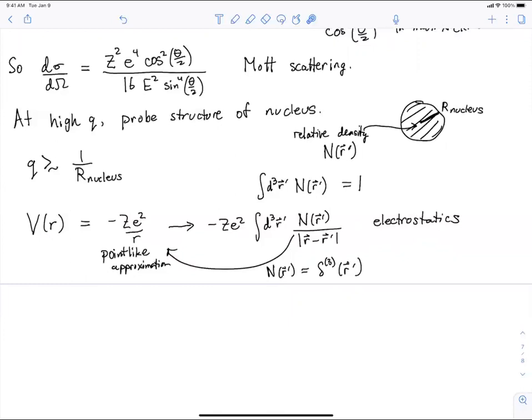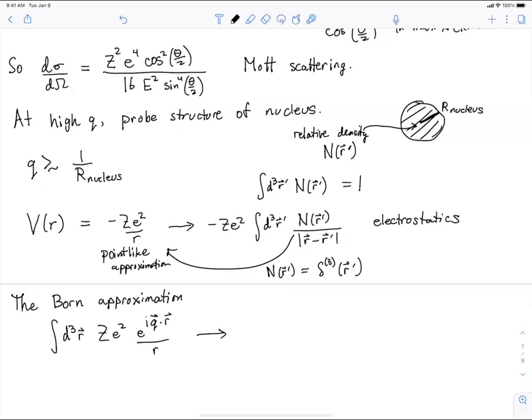Okay, so now let's just see what that will change when we do the Born approximation again. So in the Born approximation, we had this formula. There was an integral over all positions, ze squared e to the I q dot r divided by r. And now we're going to put in our new potential instead and see how things change.